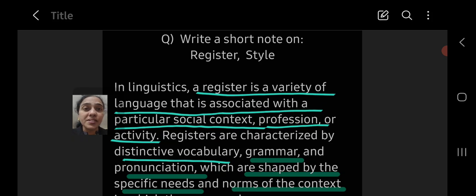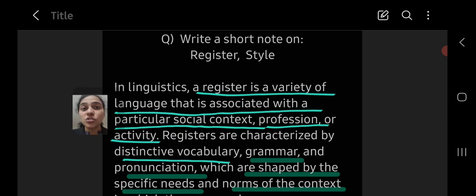So, in linguistics, a register is a variety of language that is associated with a particular social context, profession, or activity. Learn this definition. This definition which I have prepared gives a good impression to the evaluator. Registers are characterized by distinctive vocabulary, grammar, and pronunciation.